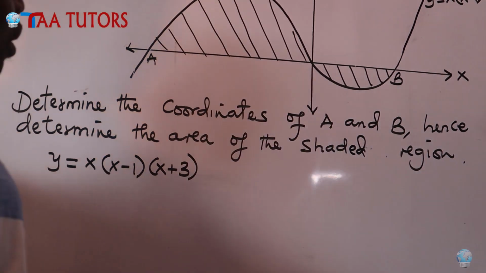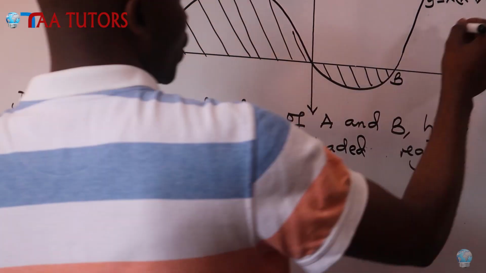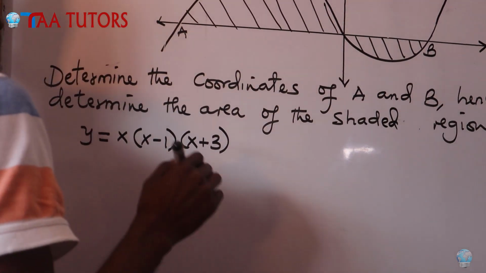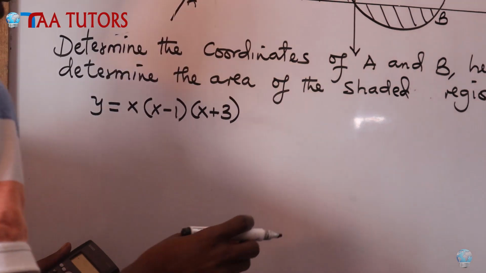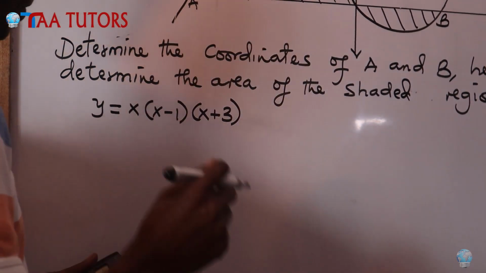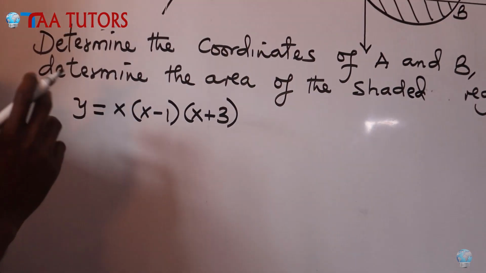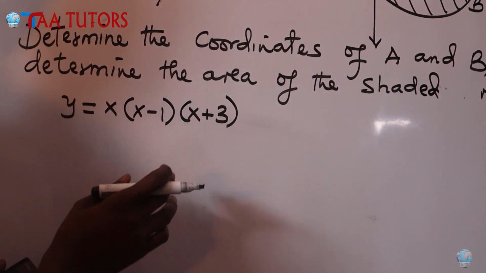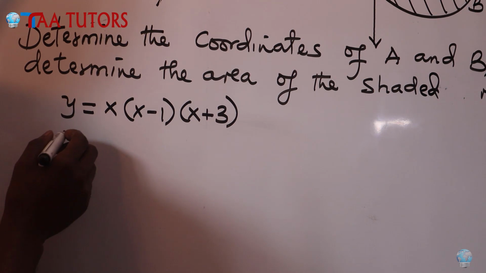Now we know, as we said in our earlier lessons, especially in differentiation, that at the x-intercept the value of y is 0.